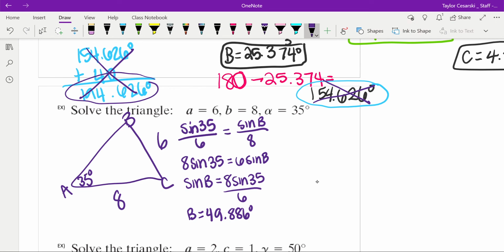Okay. Now remember, 49 degrees is a little over half. That is where the sine value equals 8 sine of 35 divided by 6. Let me just type that in my calculator and get that as a number. So that is where the sine equals approximately 0.76.